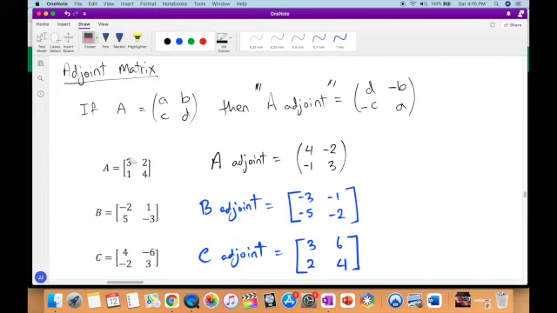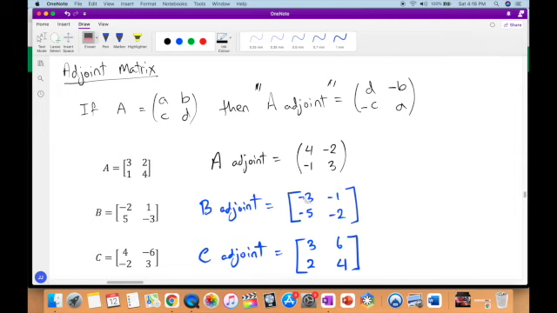Well, I get the third one correct, but the second one. You notice that all I did with this diagonal here was flip it. I didn't mess with the signs or anything. You understand? All I did was flip it. That is all.